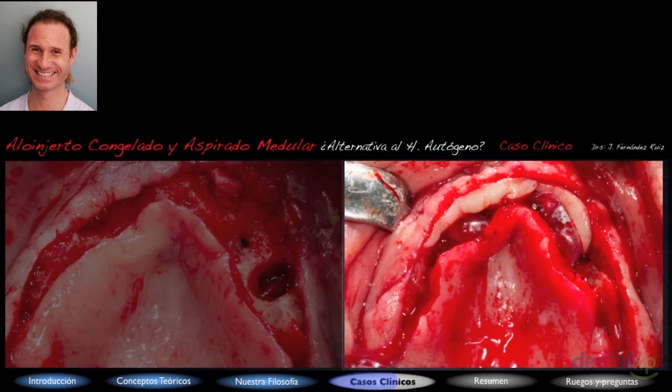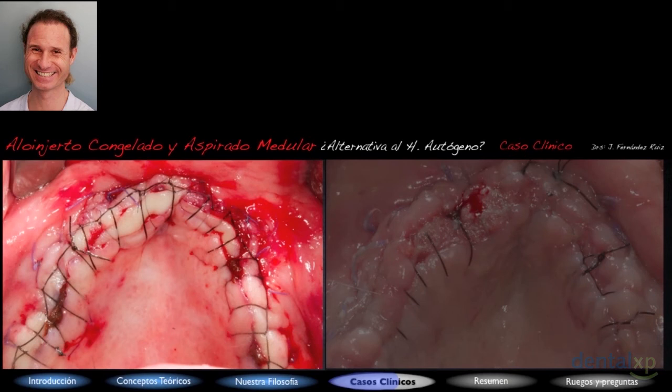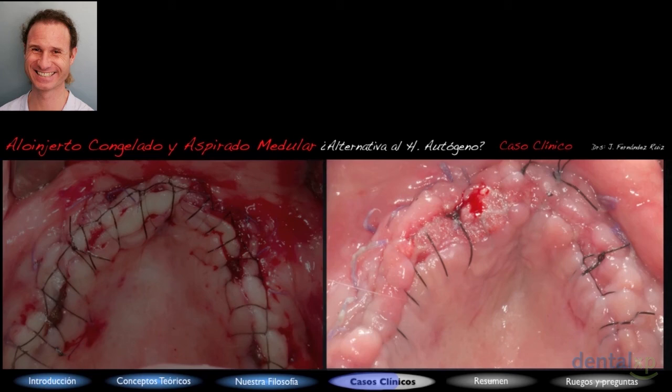So what we did is we allowed the keratinized tissue to be covering the area, and we suture, and this is a healing. The healing is running really well, but after 3 weeks the tissue expansor of the left was exposed.